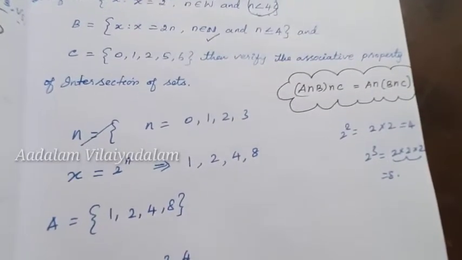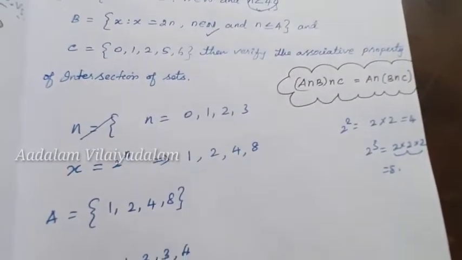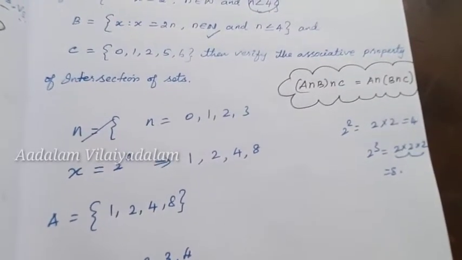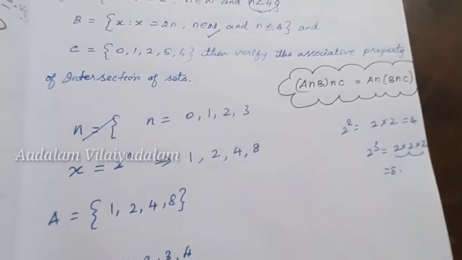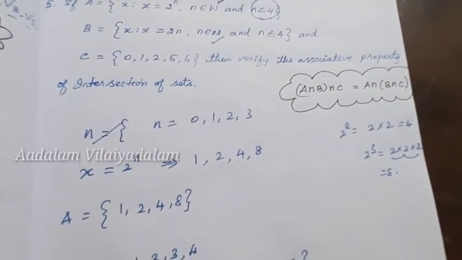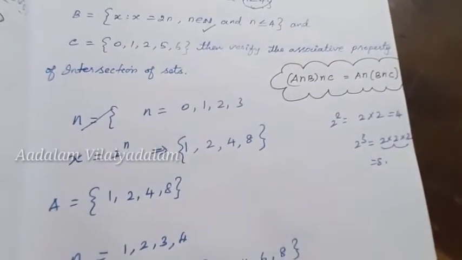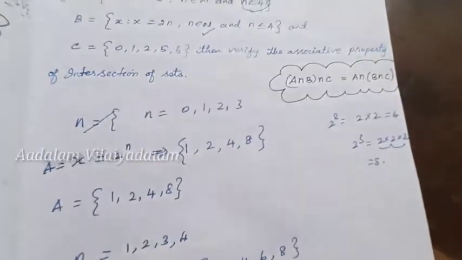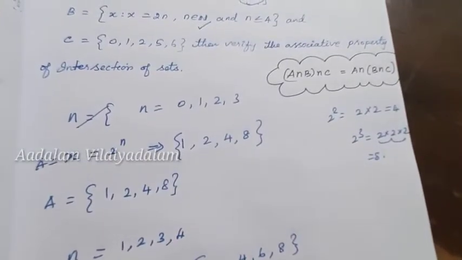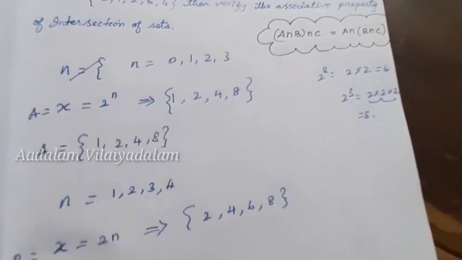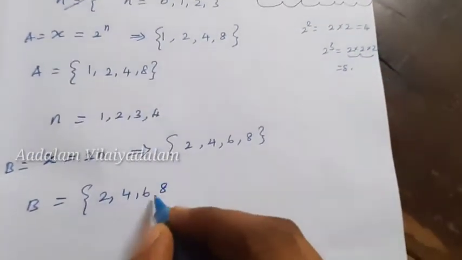If we substitute these values, what do we get? 2 into 1 is 2, 2 twos are 4, 2 threes are 6, and 2 fours are 8. So therefore the elements are 2, 4, 6, 8. Already they have given the set C in the question itself.